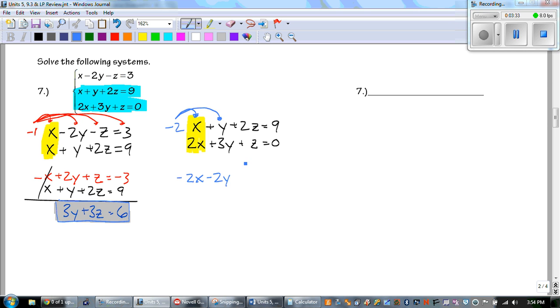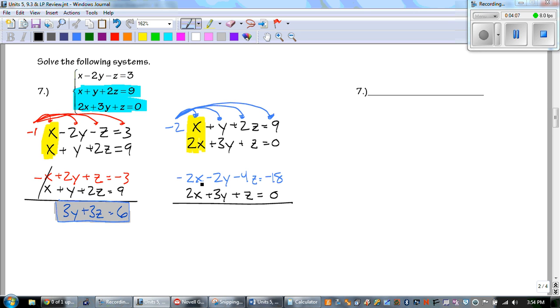minus 2y. 2 times -2 gives us -4z. And make sure you multiply to every term. -2 times 9 gives us -18. And the bottom equation stays the same. 2x plus 3y plus z equals 0.